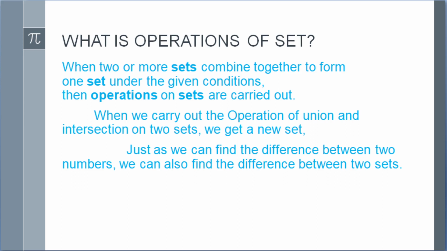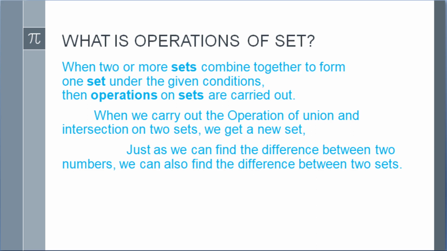Suppose I consider a set A equal to 1, 2, 3, 4, and another set C, which I take as 3, 4, 5 and 6. If I consider A minus C, then we consider the members of A which are not members of C. So here the answer will be 1 and 2. This is the difference between two sets.